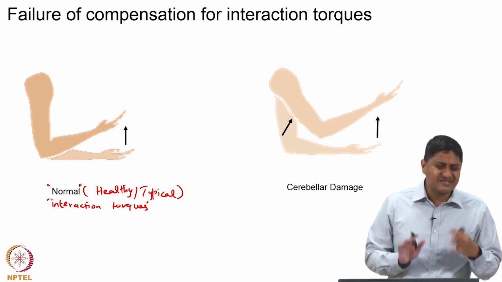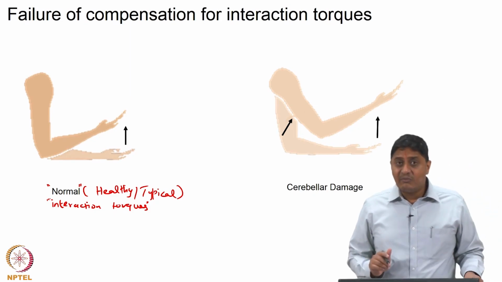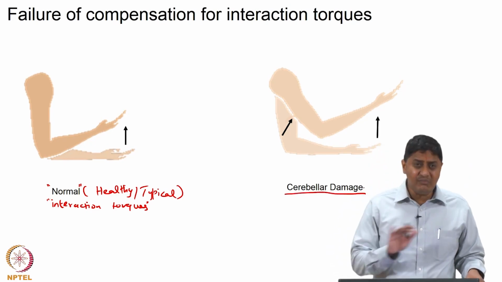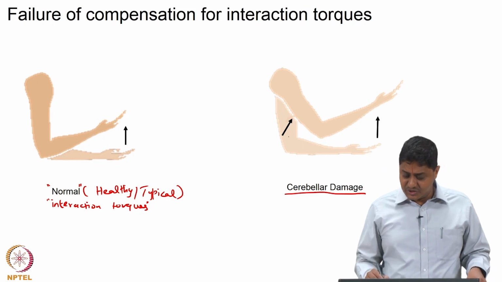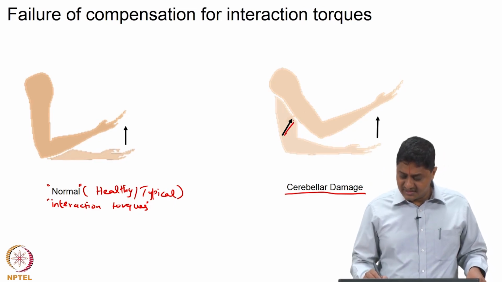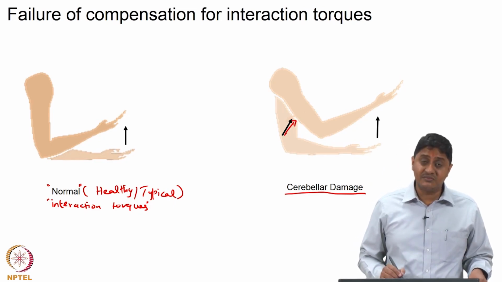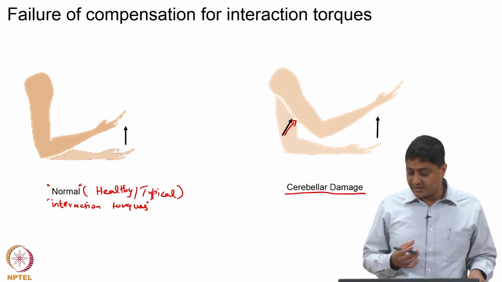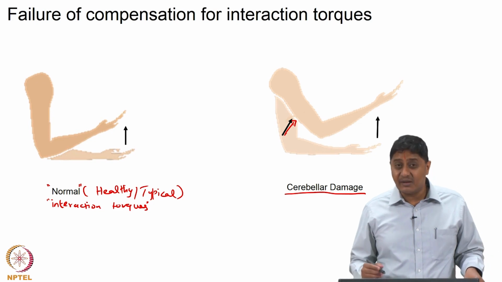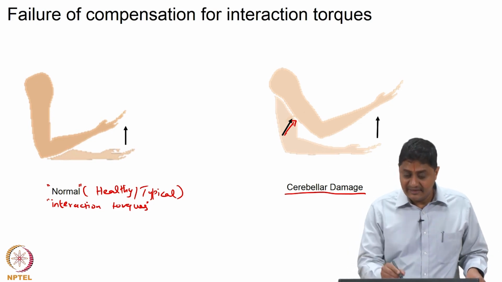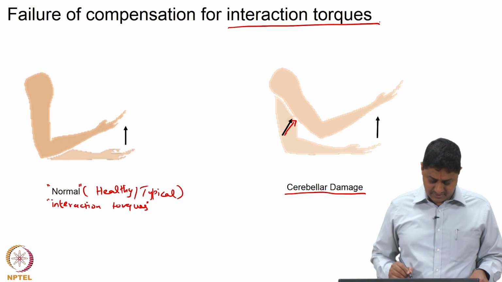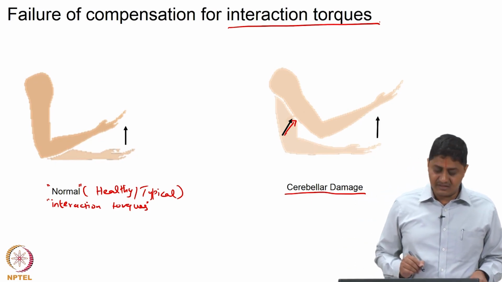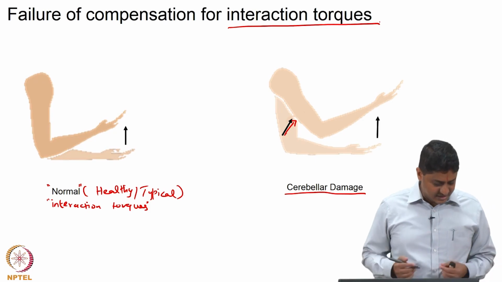This is happening in healthy people. But when a person has cerebellar damage and performs the same movement, usually you see some unwanted movement. That means the system is not able to account for the possible effects of dynamics, for the possible interaction torques. So, there is this failure to compensate for interaction torques.